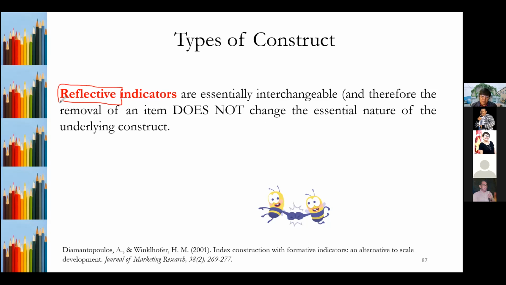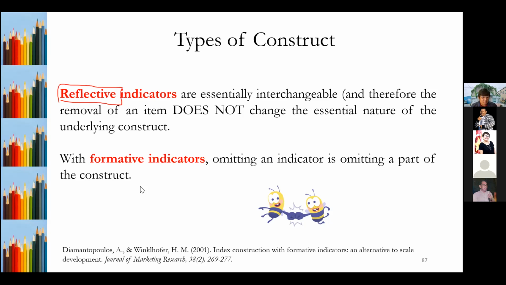On the other hand, for formative indicators, omitting an indicator is omitting a part of the construct. Ibig sabihin, kung ang construct mo is a formative construct, if you will be deleting or omitting one item, then the meaning of the whole construct will change. So that's the difference between reflective and formative construct.